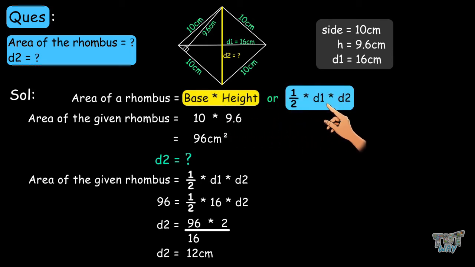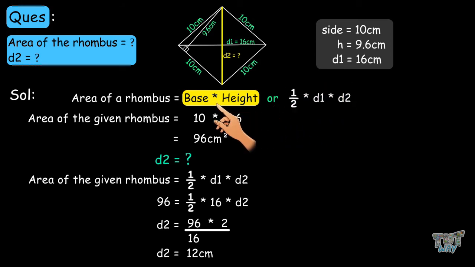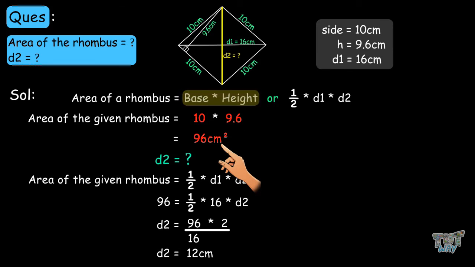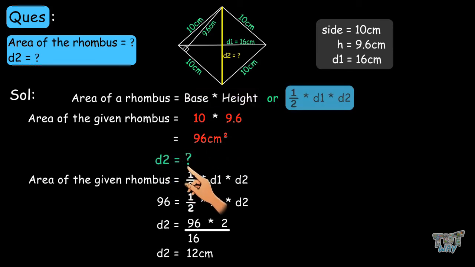But as we are only given one diagonal, we use base times height. Base is 10, and height is 9.6. So the area is 96 centimeters squared. Now, to find the diagonal, we use the area that we calculated and plug it into the formula half times d1 times d2. And then we get 12 centimeters.